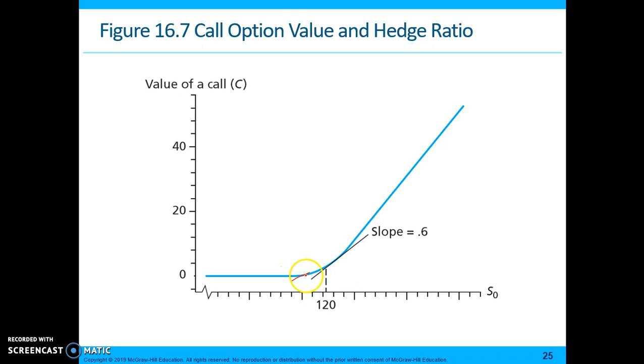So all that tells us is that as the value of the stock goes up, the hedge ratio goes up. So the higher the hedge ratio, the greater the number of shares that you would need to hold to hedge the risk of holding one option.